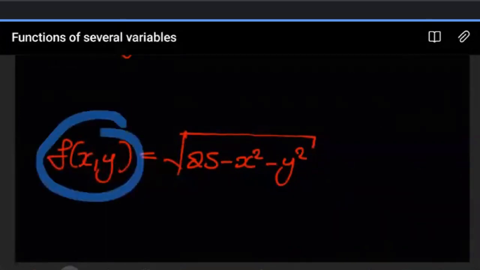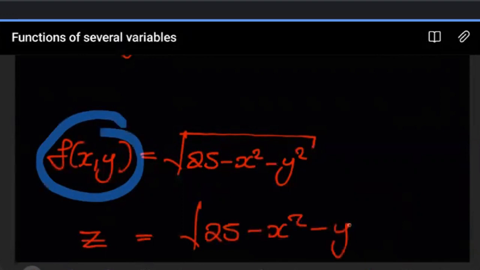Firstly, this part here, f of x comma y, because it's an output you get depending on what x is and what y is, you can view this as a new variable z, which is a result of x and y. So you can look at this as the third variable z, such that z equals the square root of 25 minus x squared minus y squared.